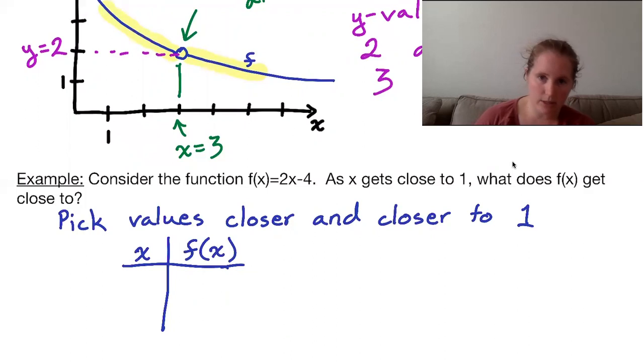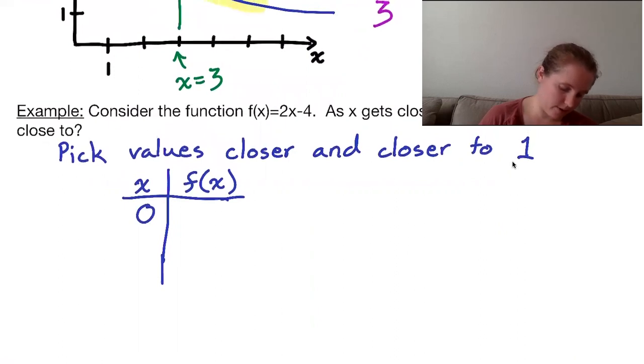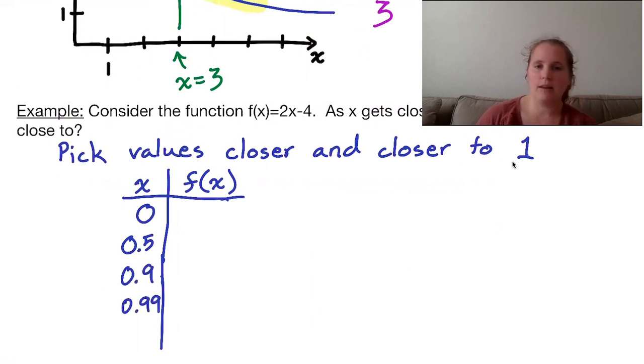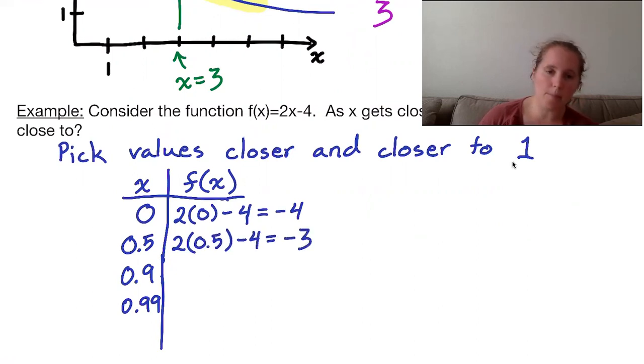Let's start off with x equals 0, and then we'll go to x equals 0.5, 0.9, and 0.99. Then we'll do the same thing from the other side. When x equals 0, we would be looking at 2 times 0 minus 4, or negative 4. When x is 0.5, we're looking at 2 times 0.5 minus 4, or negative 3.